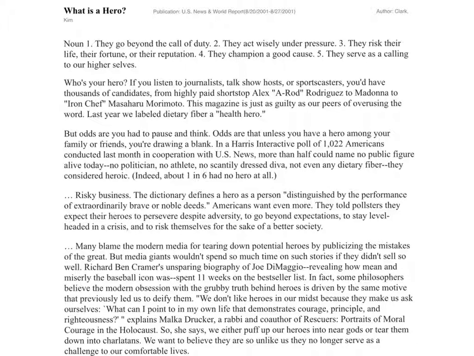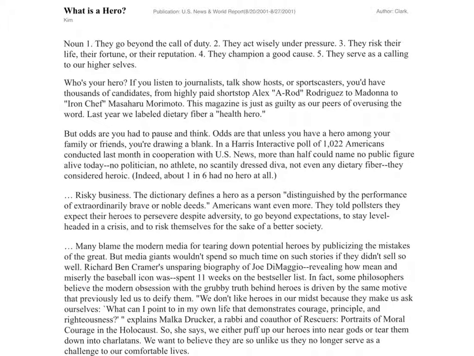They champion a good cause. 5. They serve as a calling to our higher selves. So I'm going to go back and I'm going to think about my purpose first. So my purpose is, what is a hero? I want to know the definition or multiple definitions by the time I am done reading this passage.